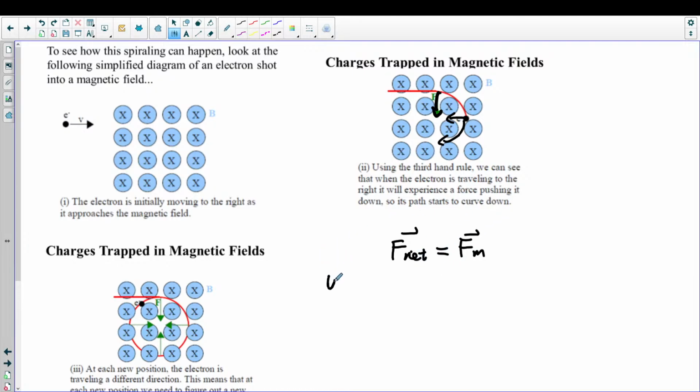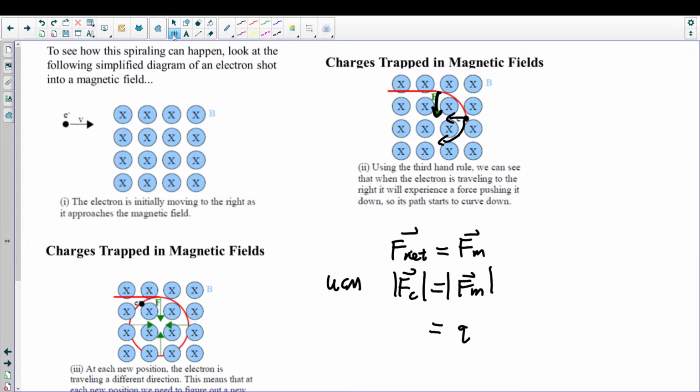However, it is in uniform circular motion, which means F net has a special name, the centripetal force, and is equal to F_m. Now, for a moving charge, the magnitude of the magnetic force is equal to Q times the speed, not velocity, since direction doesn't matter here.